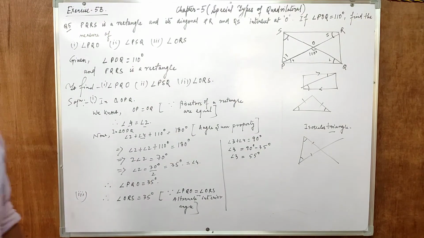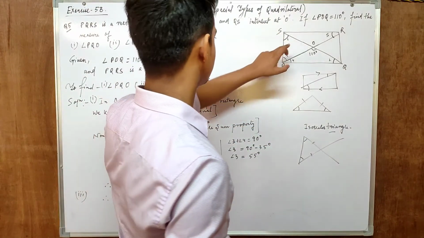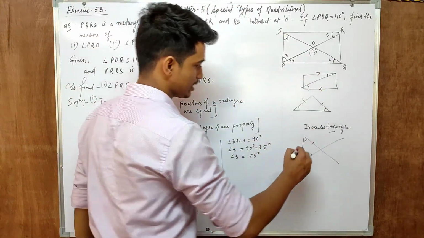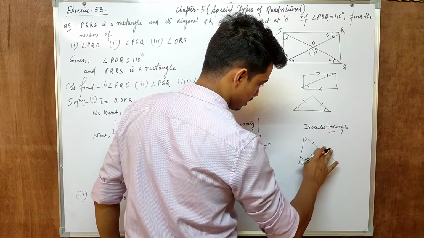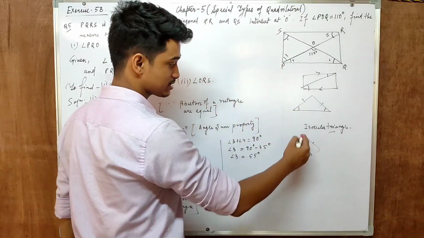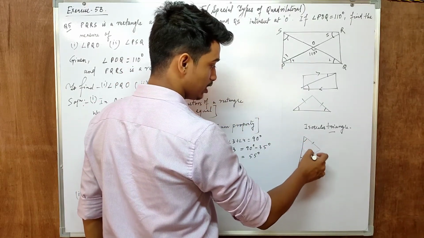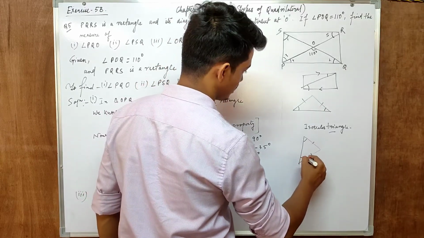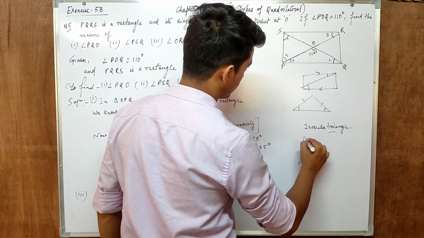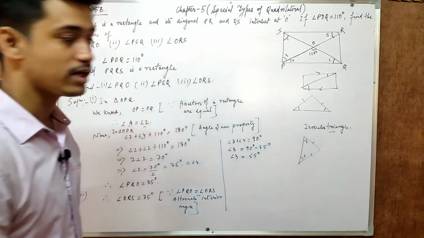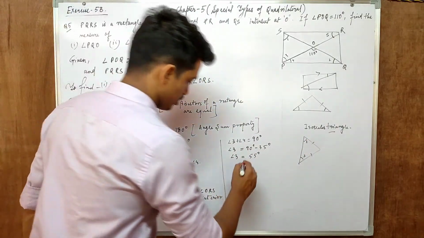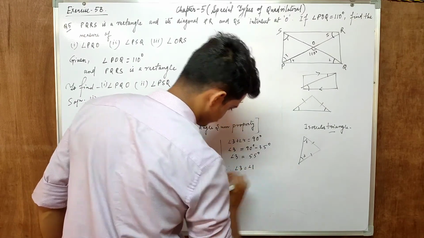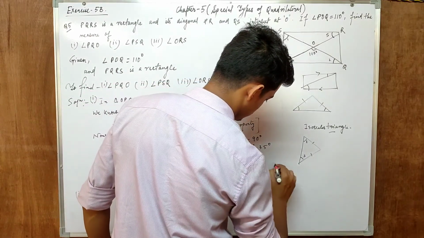So our concern is to find out this angle, no? PSQ. So we know that in an isosceles triangle, if the two corresponding sides are equal, then the two corresponding angles are also equal. So here angle 3 is there and angle 1 is there. So basically we need to find out angle 1. Therefore angle 3 equal to angle 1. Why?